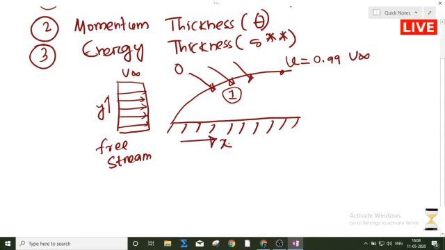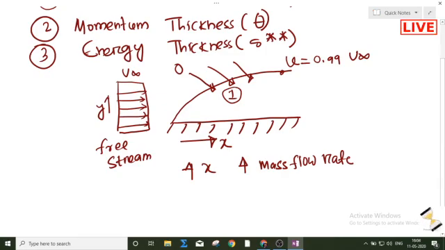Suppose this is my x; with an increase in x, the accumulation of mass increases, so the boundary layer thickness gradually increases with x. That's why I said the boundary layer thickness is a function of x.